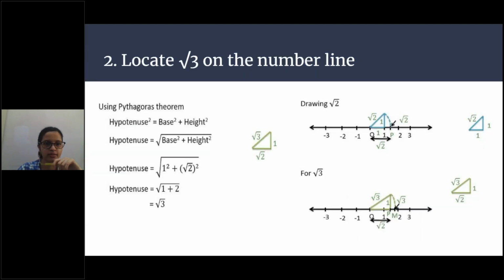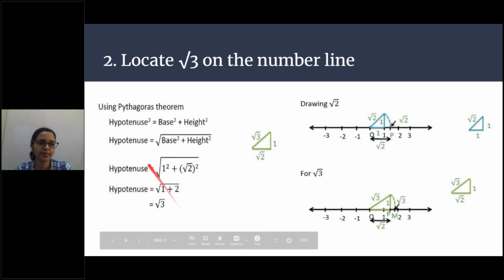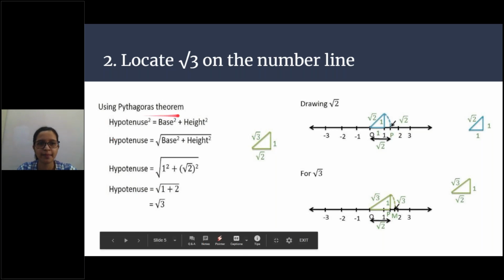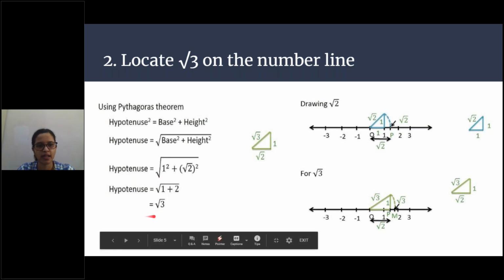I'll go back to the, yes, here it is, the screen. Now you can note it down. So just mention this step saying using Pythagoras theorem, hypotenuse is equal to base square plus height square. And the next step directly you can mention this hypotenuse is root 3.